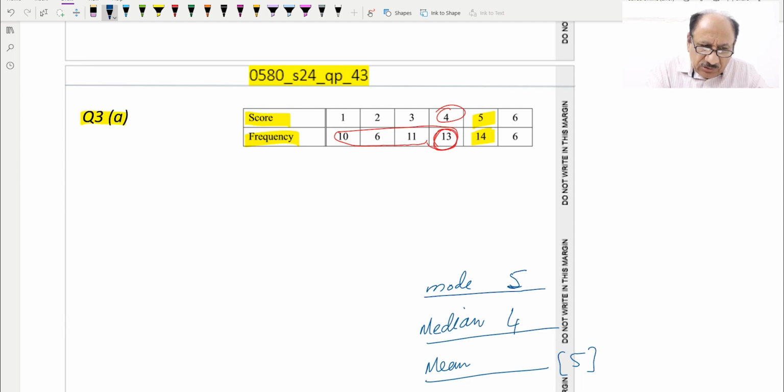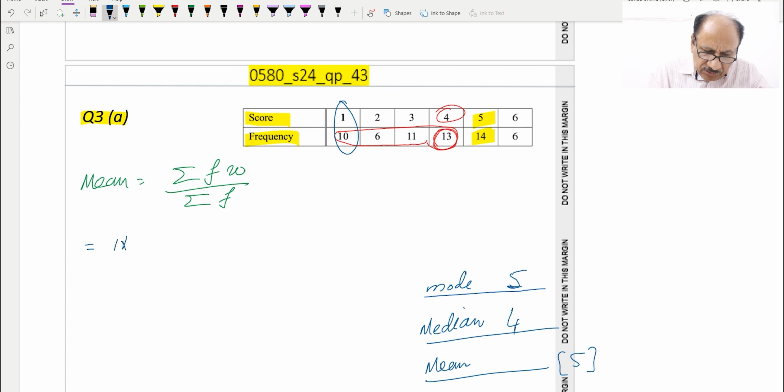Then mean we need to calculate. Mean in this case we will be multiplying. The formula we can write here. The formula is mean is equal to sigma fx over sigma f. This will be the formula which we will be applying, and to calculate sigma fx, we will be multiplying these two.